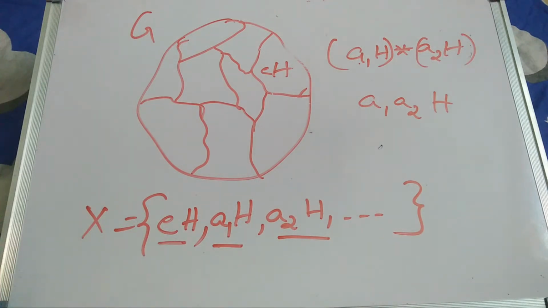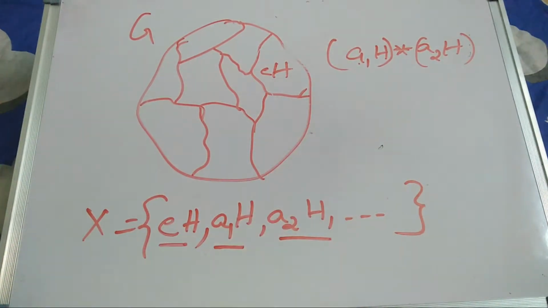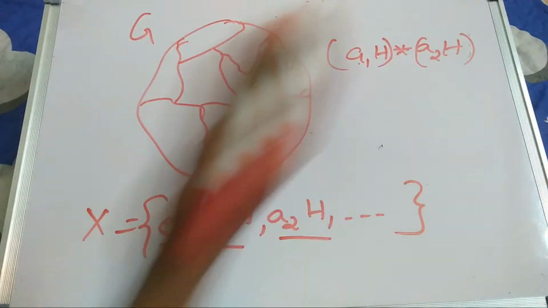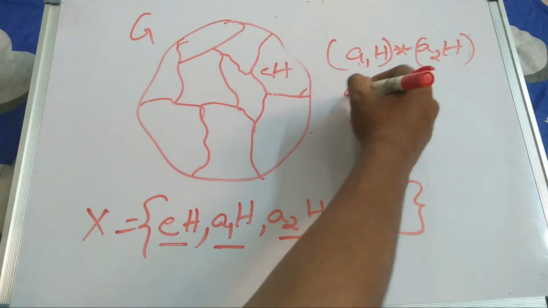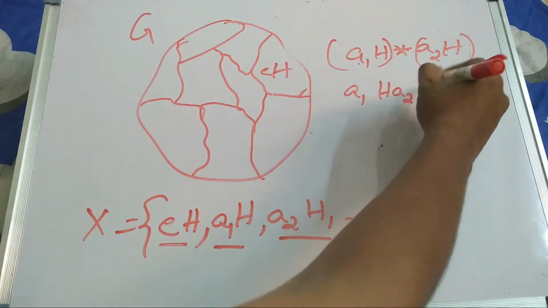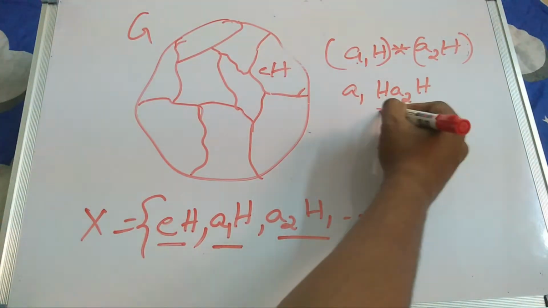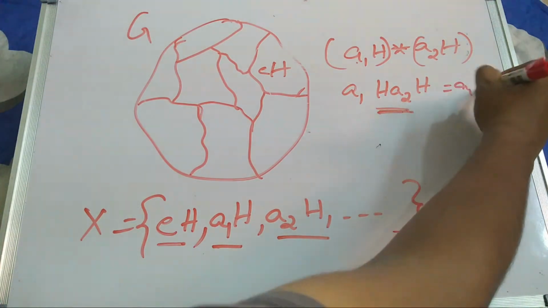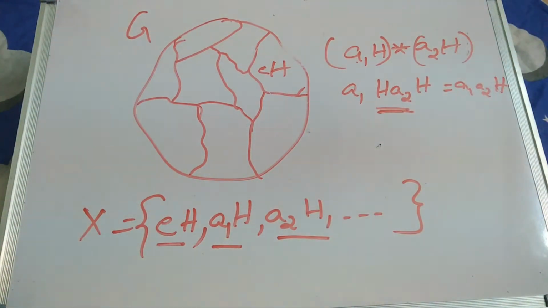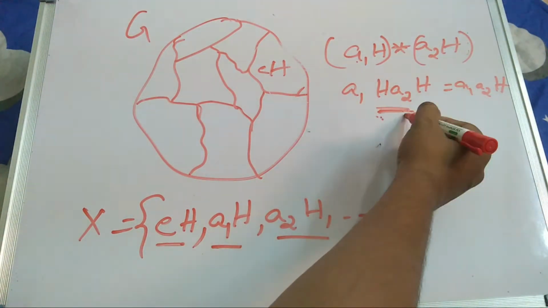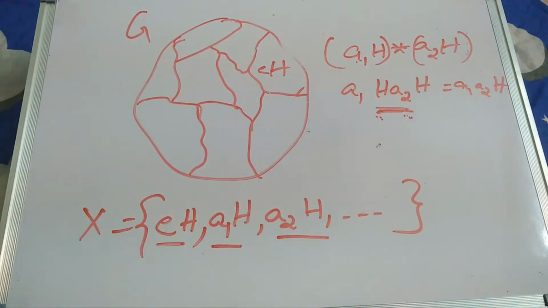But the problem is, this operation need not be well defined. Let us look at it carefully. Let me write it as A1H A2H. Now, we are trying to write this as A1A2H. So it means that we are trying to switch the position of HA2 to A2H.